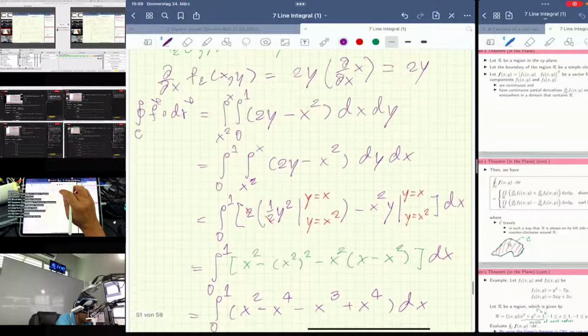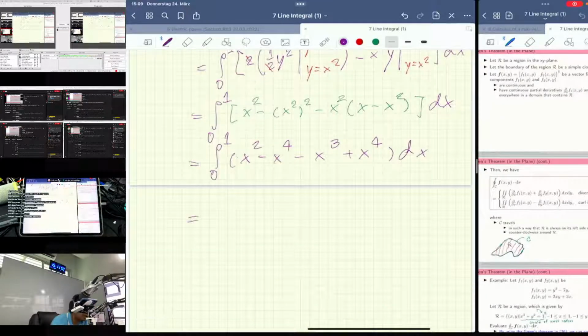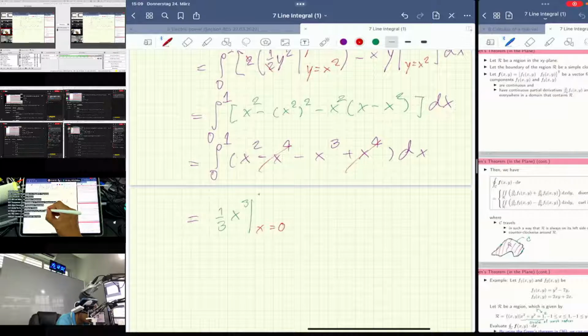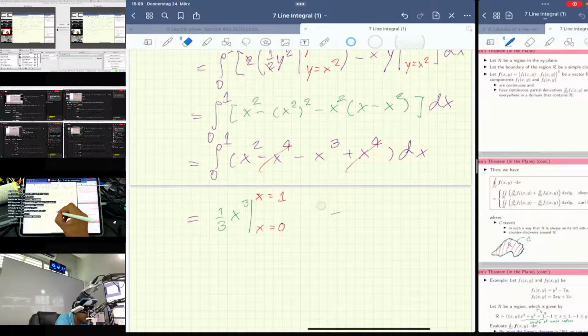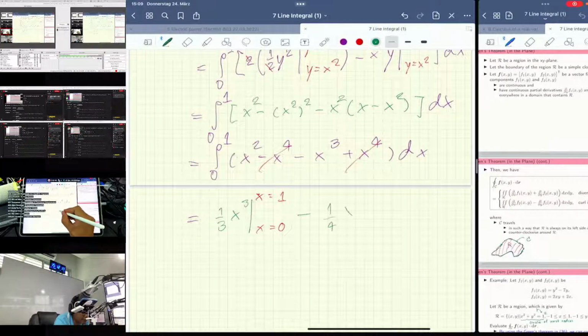Now we can go further. You can cancel x to the 4, and now it's going to be 1 by 3 x cubed, where x goes from 0 to 1, and minus 1 by 4 x to the 4, where x is from 0 to 1.